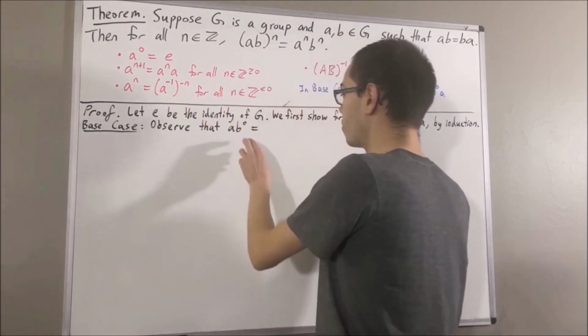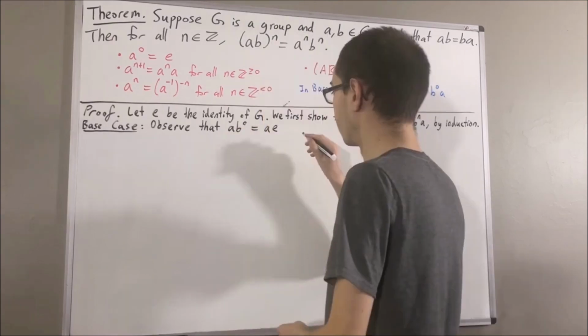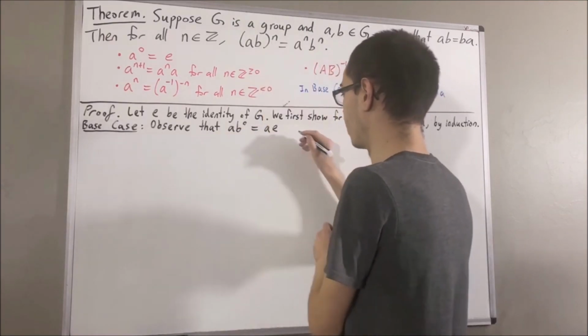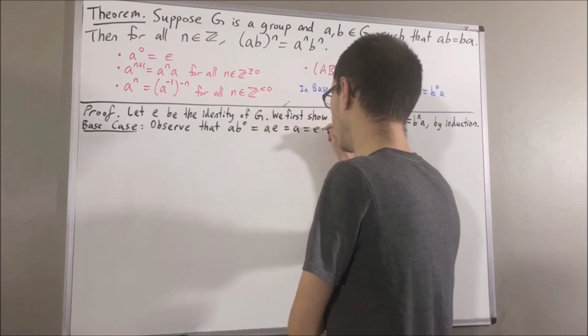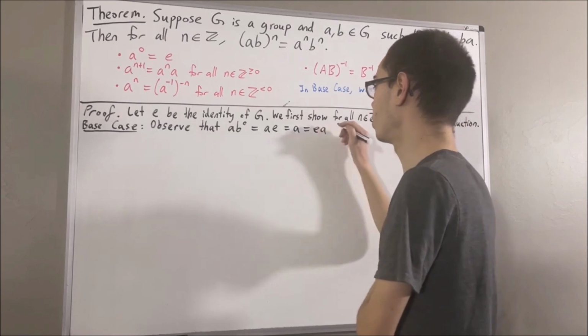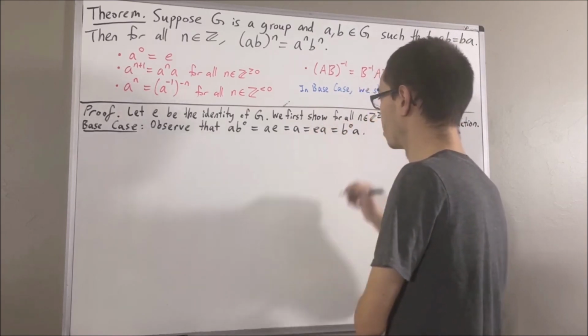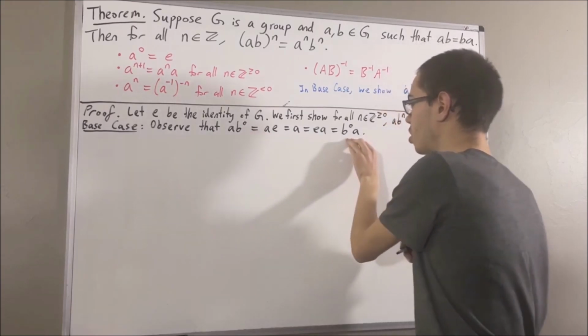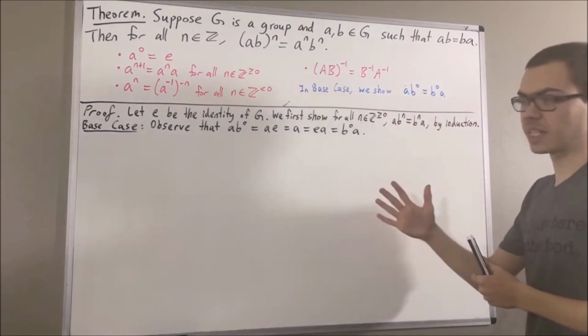Now, we know that b^0 is equal to the identity element. And by definition of the identity element, a times the identity is equal to a, which is equal to the identity times a. And we know that b^0 is equal to the identity, so this is b^0 times a. So through this chain of equalities, we have shown that these two are equal. So this completes the base case.